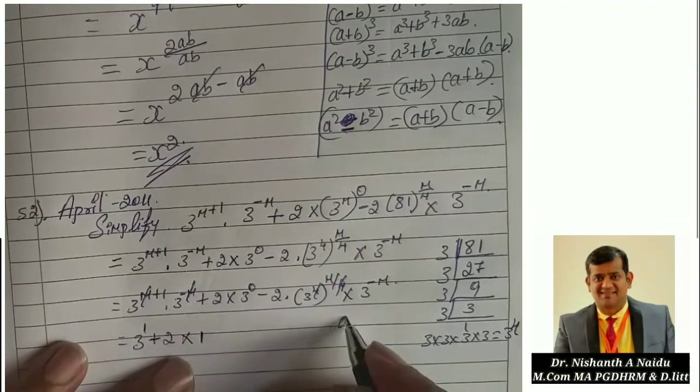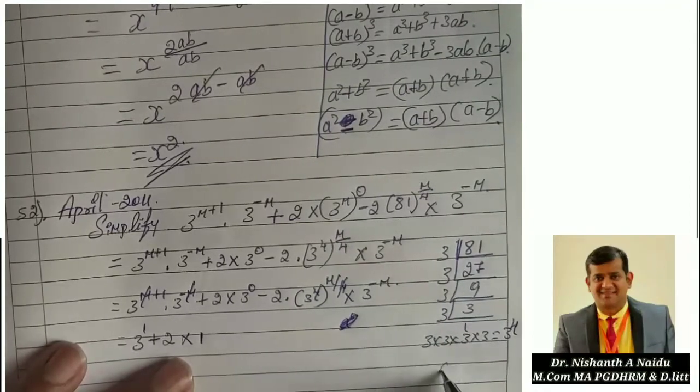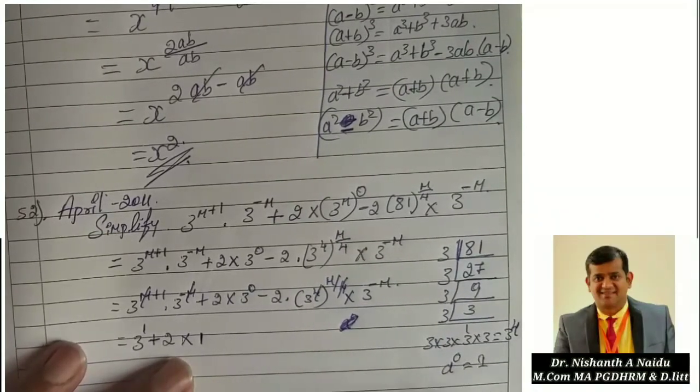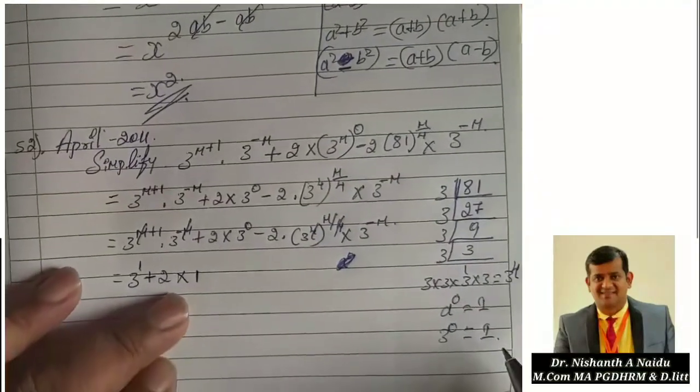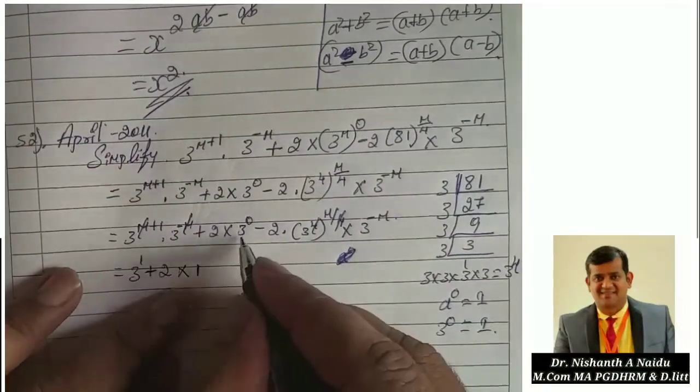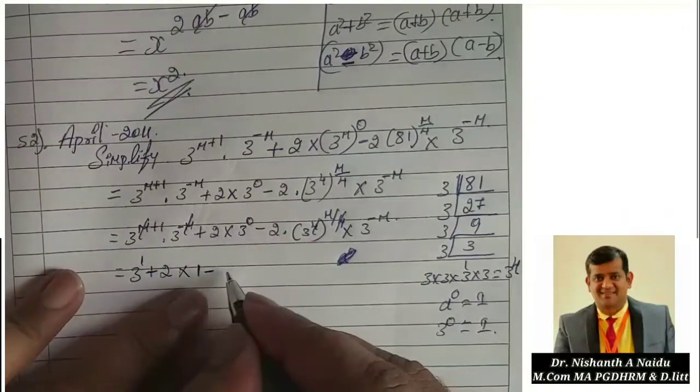How? Because a to the power of 0 equals 1. So applying this simple formula, 3 to the power of 0 is equal to 1, minus 2.